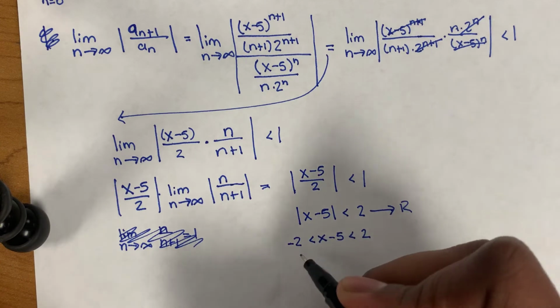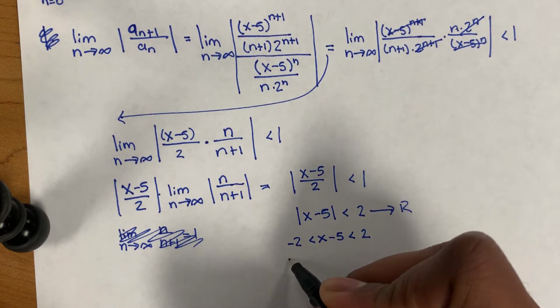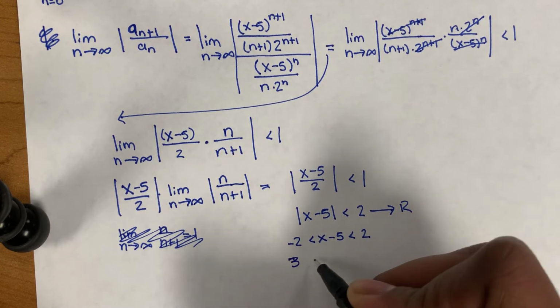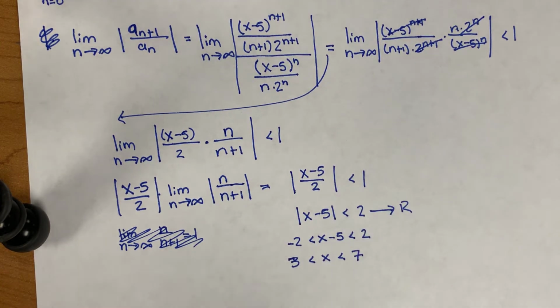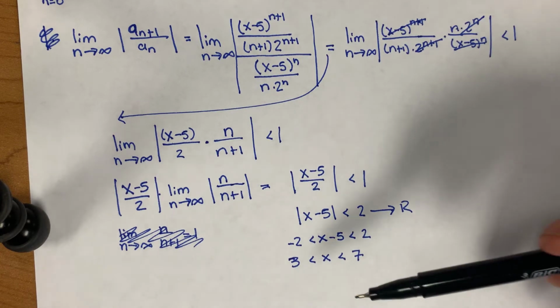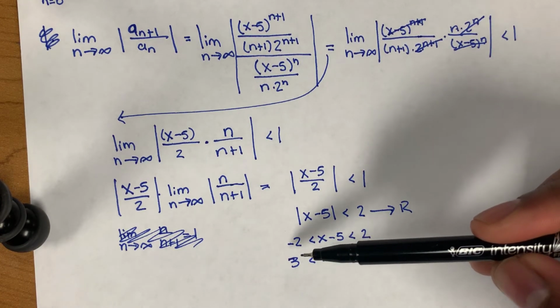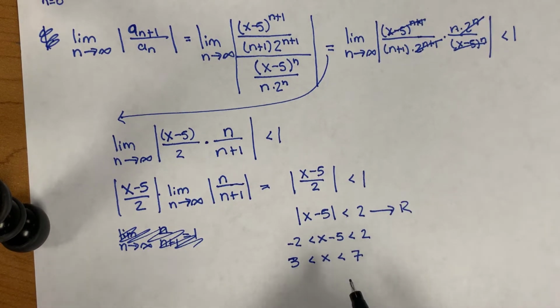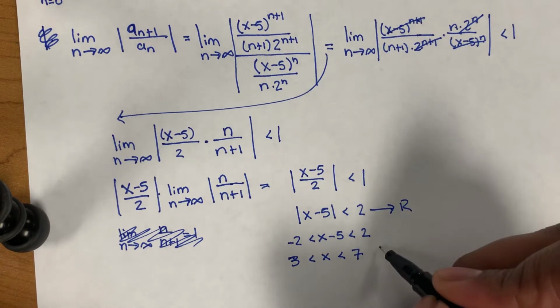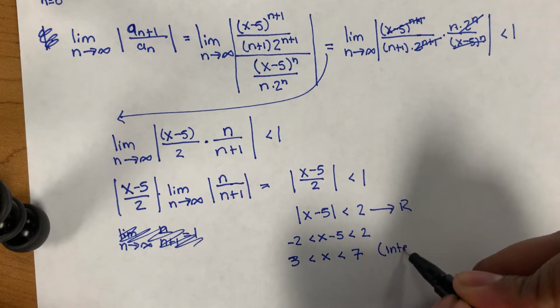So to solve this inequality, if we add 5, we have 3 is less than x is less than 7. So our radius of convergence is 2, and our interval of convergence is 3 to 7.